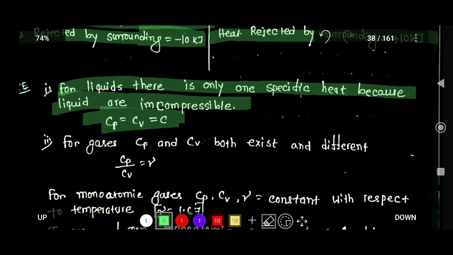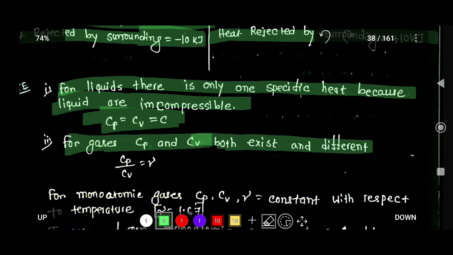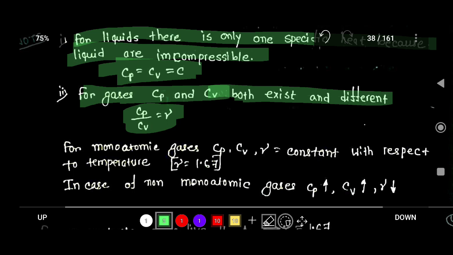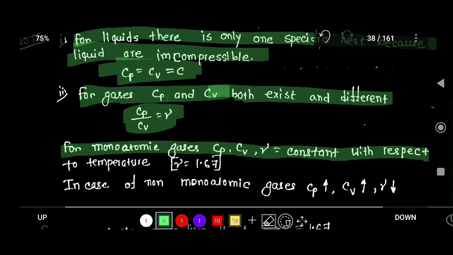Now for gases, Cp and Cv both exist, and they are different, and there is a relation: Cp by Cv is equal to gamma.